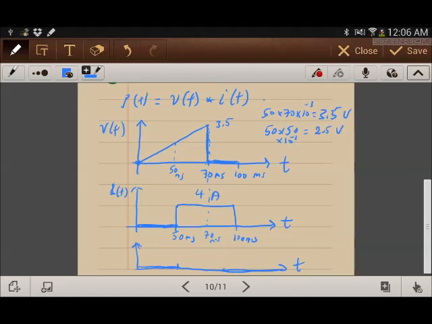So 2.5 multiplied by 4 gives me 10. Say this is 10, and then up to 70, it will be 4 multiplied by 3.5, so it's 14.